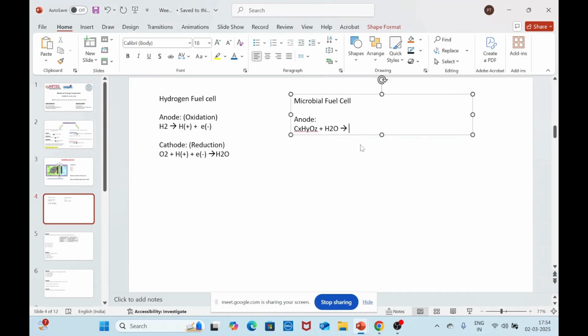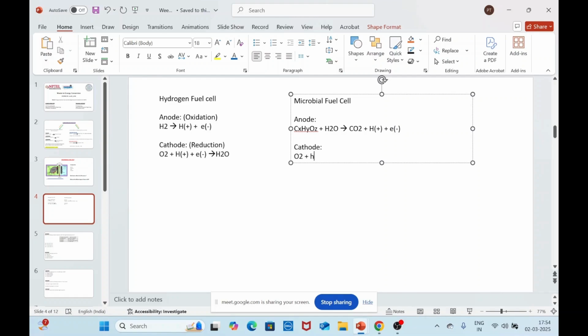Okay. So this will give carbon dioxide plus your proton plus electron. Again, this proton is going to permeate across the membrane towards the cathode side, and it's going to react with the oxygen there.